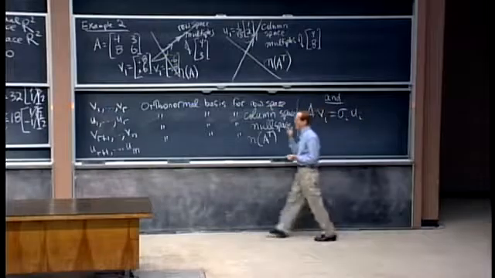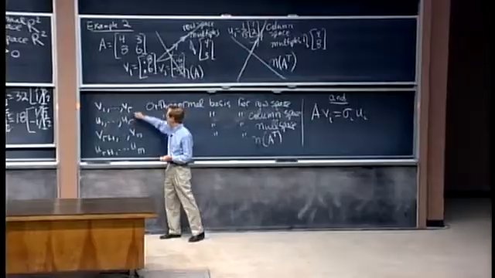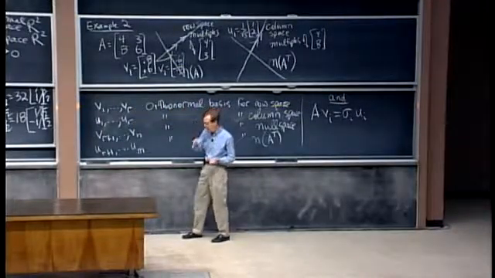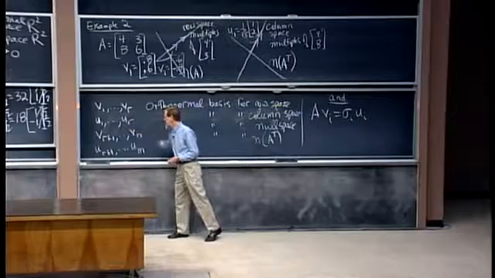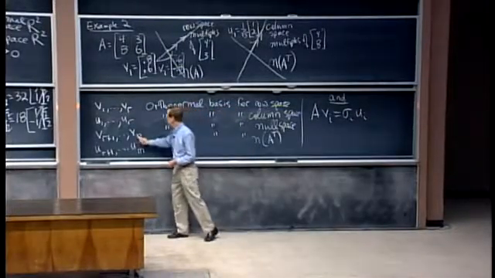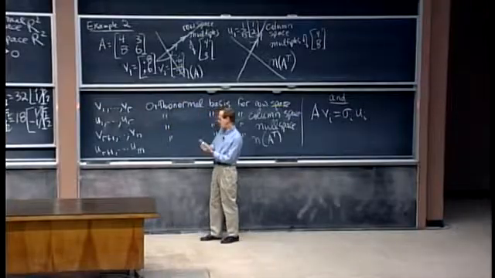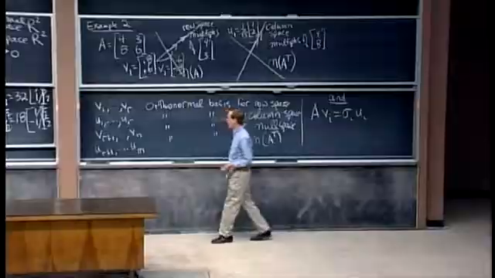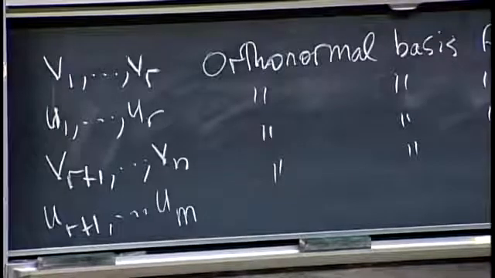And of course, their dimensions are what we know. The dimension of the row space is the rank r, and so is the dimension of the column space. The dimension of the null space is n minus r. That's how many vectors we need. And m minus r basis vectors for the left null space, the null space of A transpose.